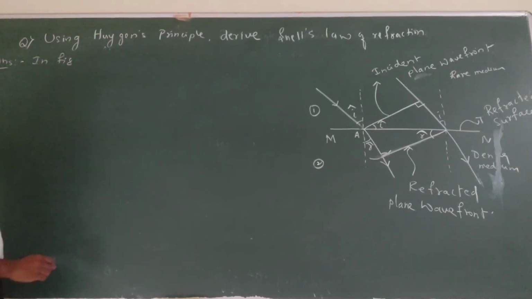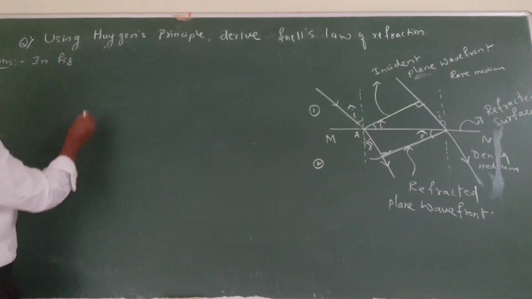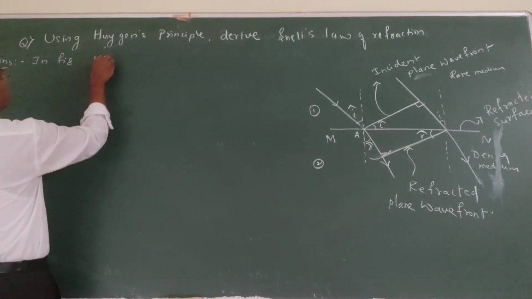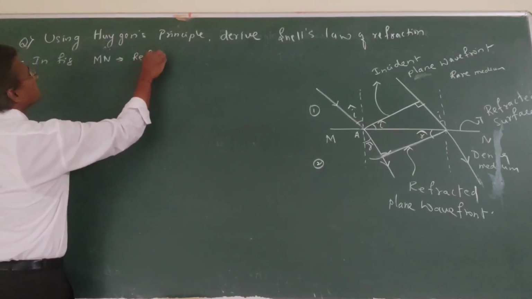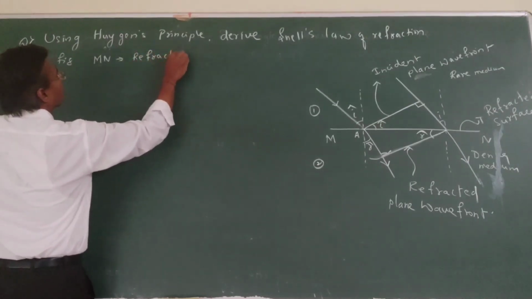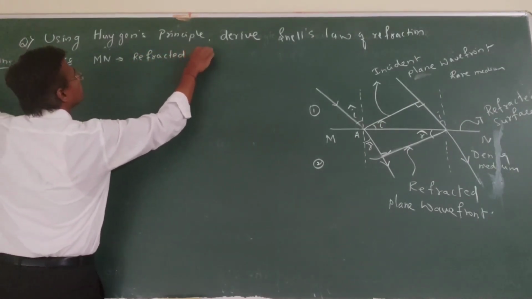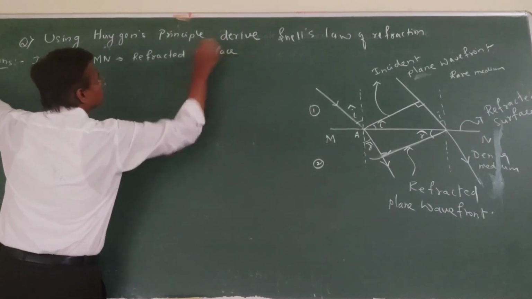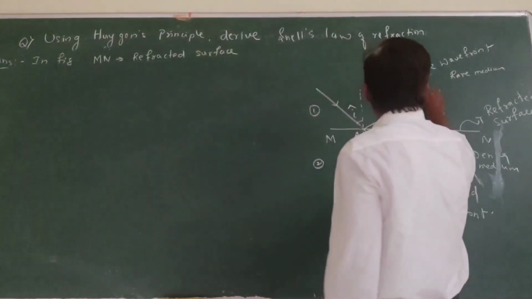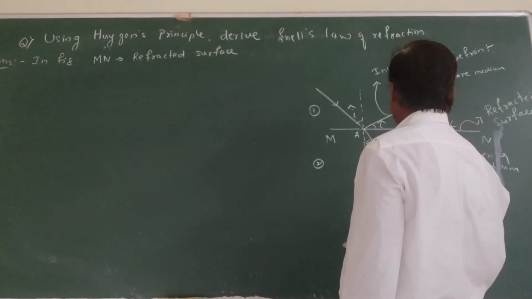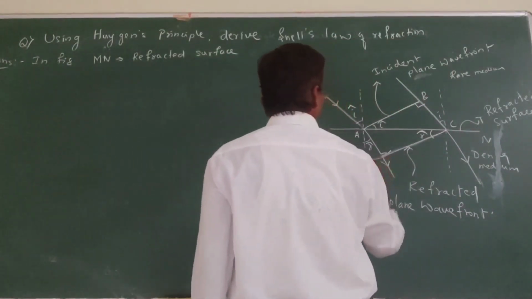What are we going to see now? In the figure we are going to see that MN is the refracted surface. MN is called the refracted surface. This is A to B and this is the C. This is the E, we can take it.